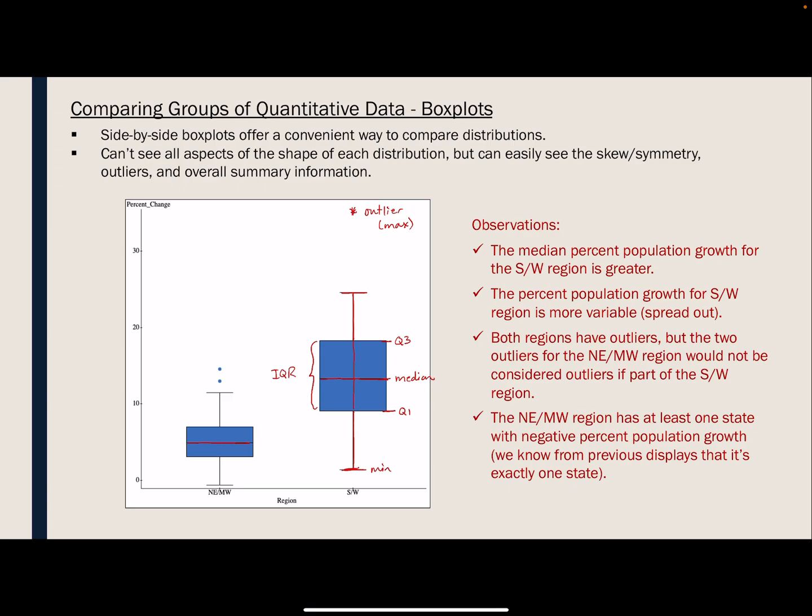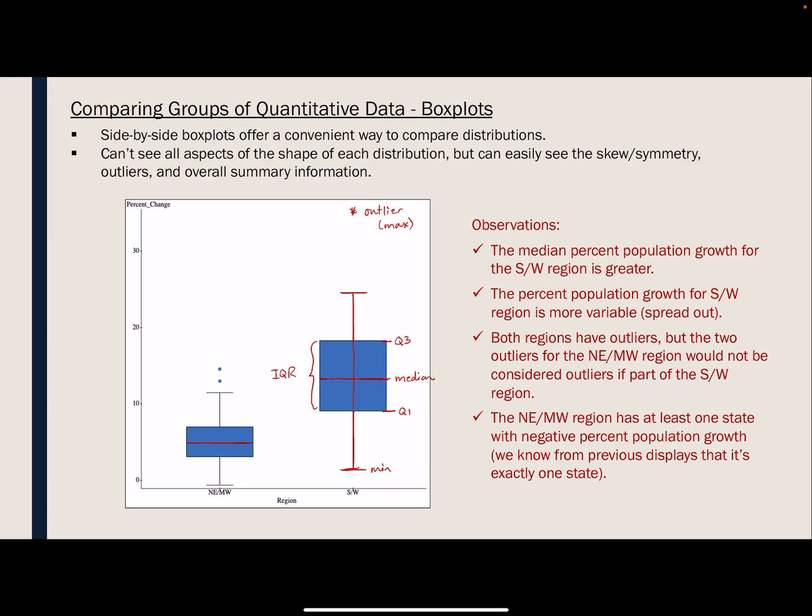So the median is lower for the Northeast Midwest region. We can also see immediately that the percent population growth for the Southwest region is much more variable, meaning it's more spread out. And that's because the box plot itself is more spread out.